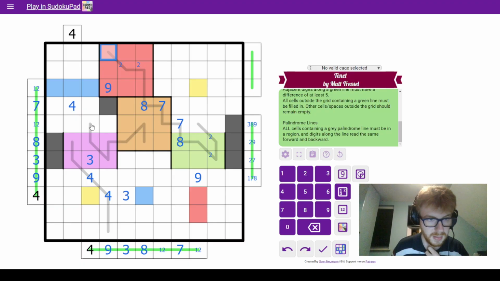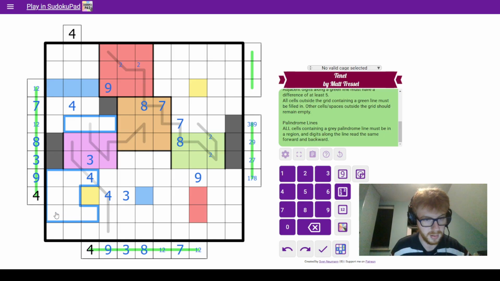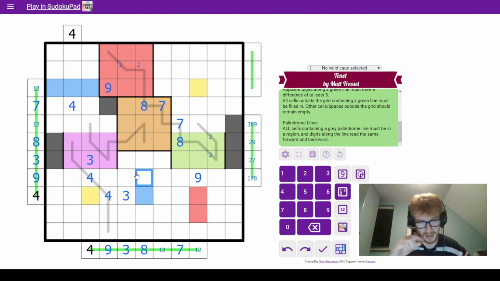And then that can be a 9, that can be a 9, and that can be an 8. Yeah. If that's an 8, this is purple. It's also sort of difficult for that to be purple, because then this would have to be the yellow one, and this would have to be the blue one. In fact, no, this could still be yellow, and that could be purple. It doesn't have to be that way.